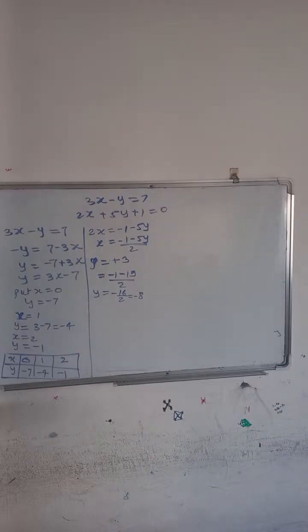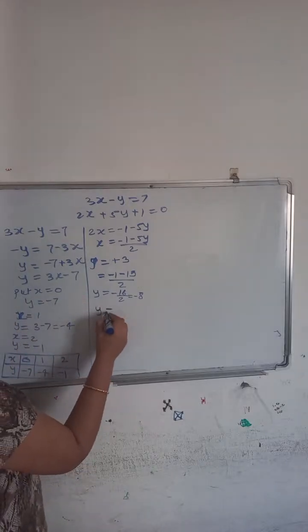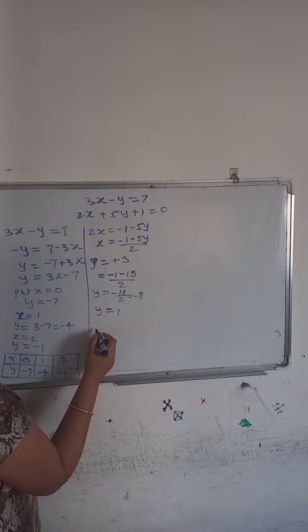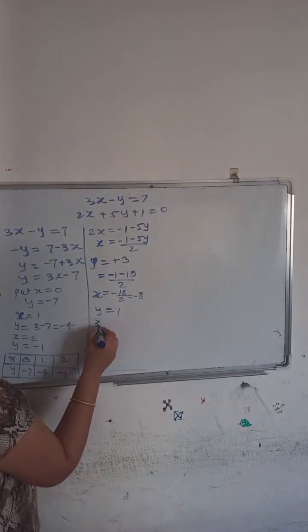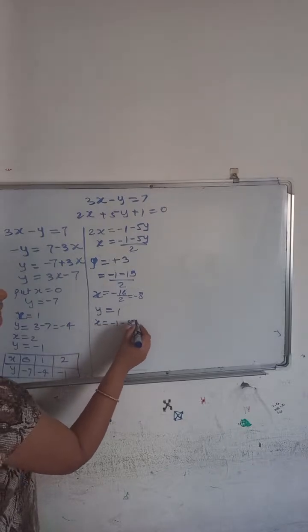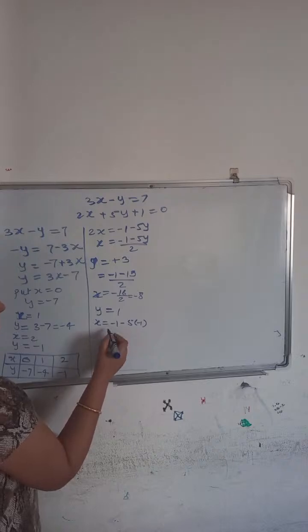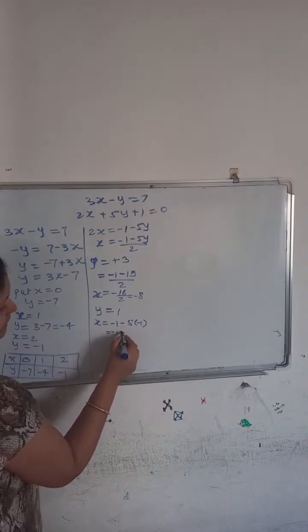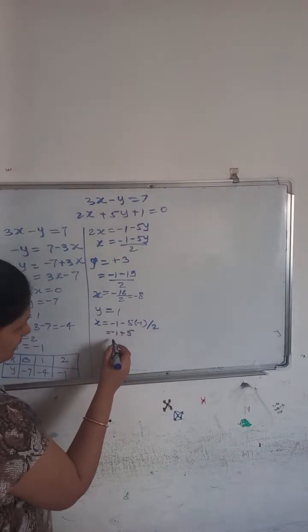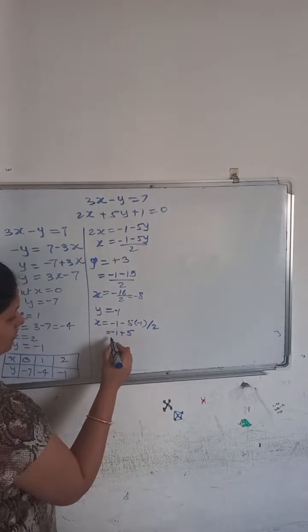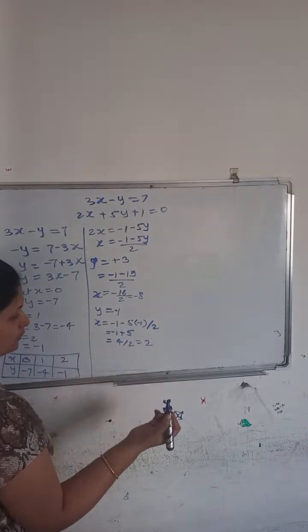If I substitute y is equal to minus 1, then x is equal to minus 1 minus 5 into minus 1, minus and minus become plus, so minus 1 plus 5 divided by 2, that is 4 by 2, that is equal to 2.